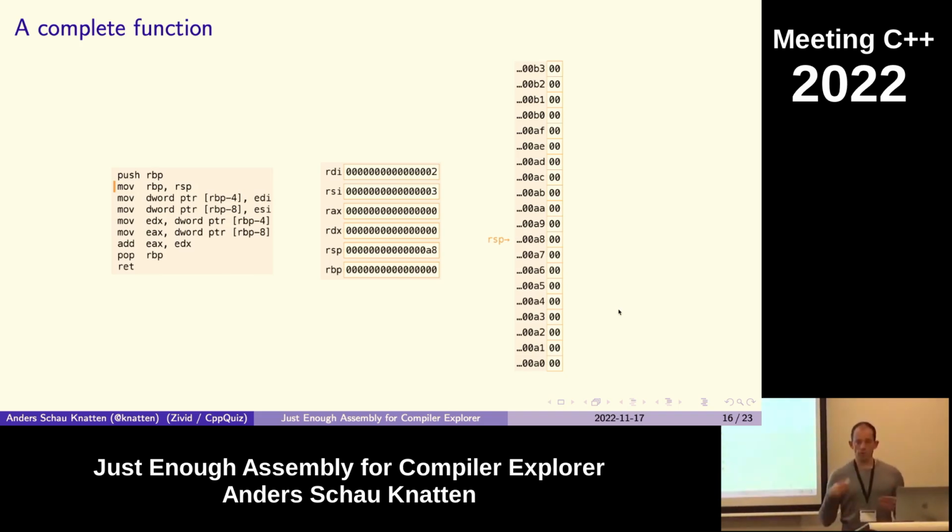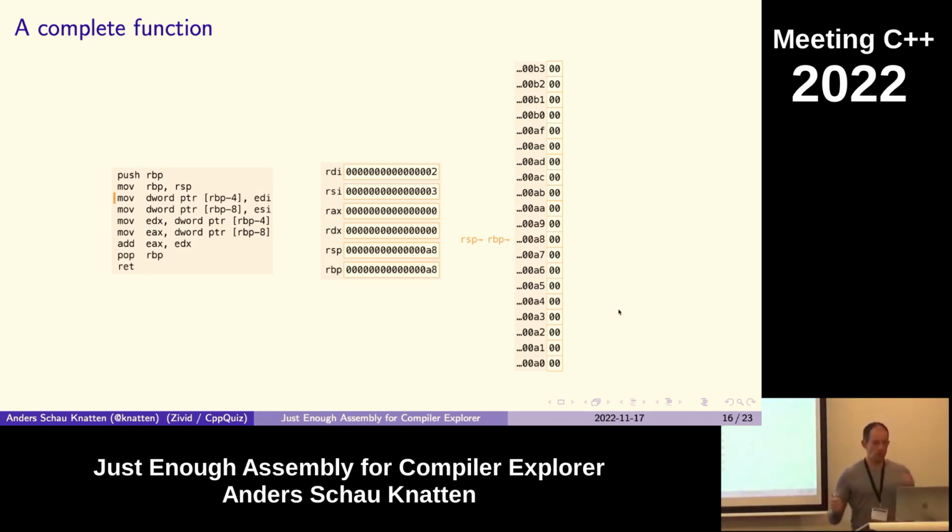And if we want to do all of this relative addressing that we've seen before, like RBP -4 and whatnot, it's nice to have a stable pointer to the beginning of our stack frame. So we take the stack pointer, make a copy in RBP, and the B is for base pointer, a base pointer to the base of our stack frame. So no matter how much we do with the stack pointer, we always have this stable pointer to the beginning of our stack frame.